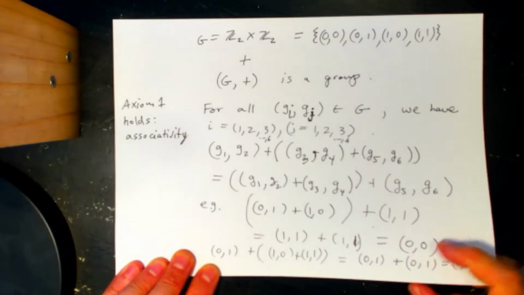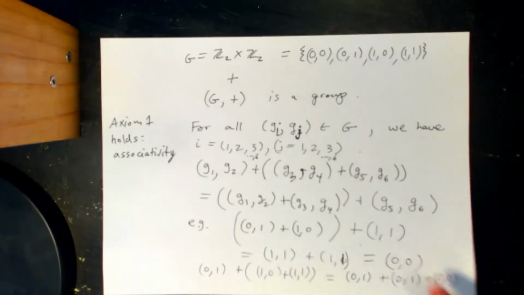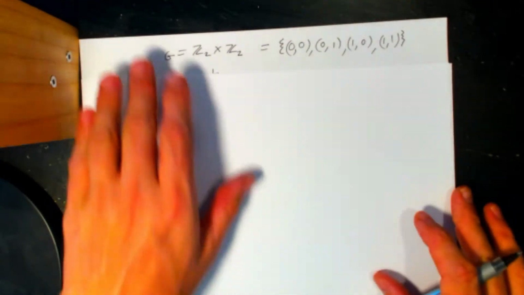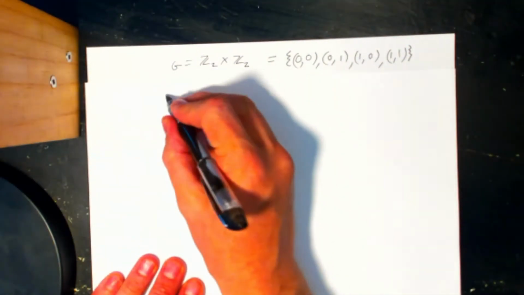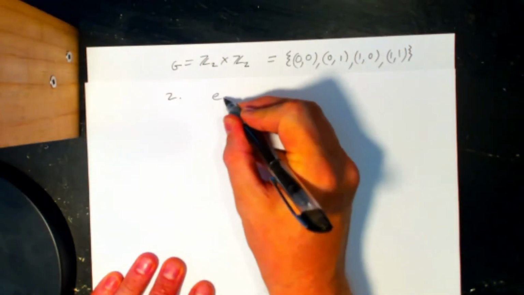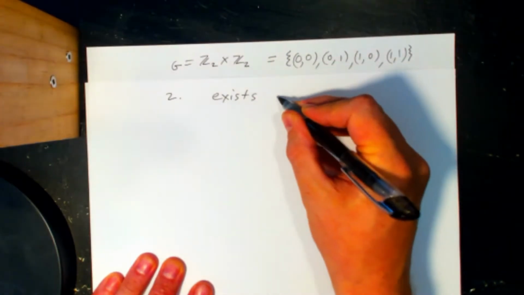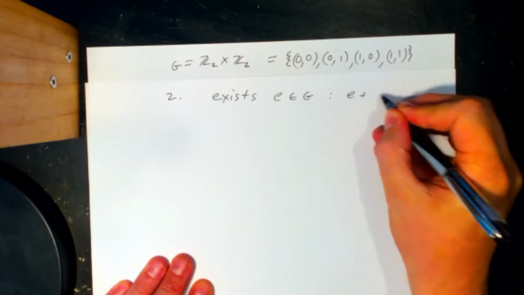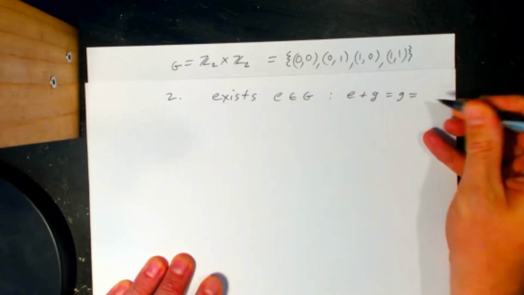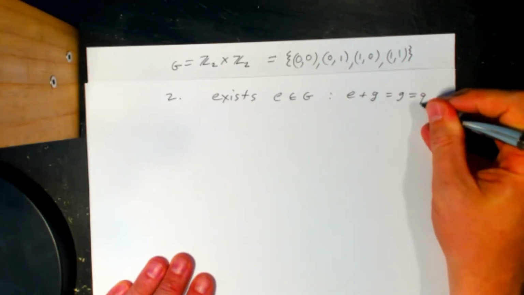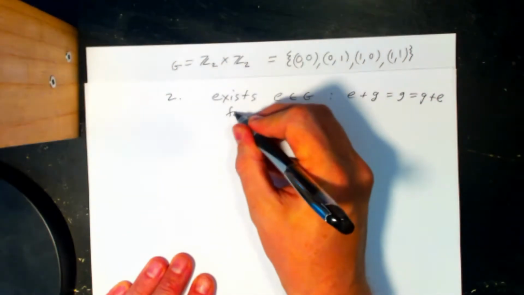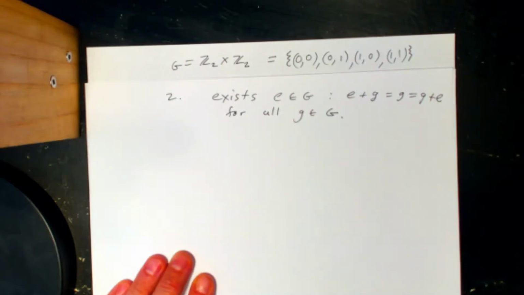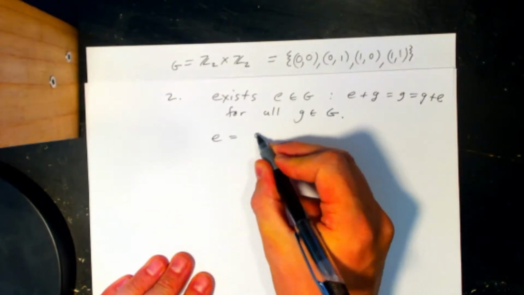Now let's have a look at the second axiom here, which is: there exists E belonging to G such that E plus G is G, which is G plus E, for all G belonging to the set G. Now in this case, E is equal to (0, 0).